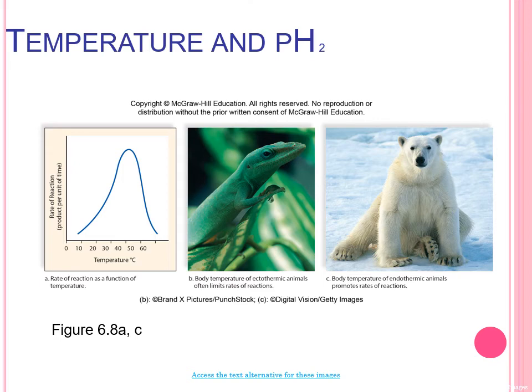They have limited rates of chemical reactions when their body temperatures are either above or below their optimal rate. Body temperatures of endothermic animals are a little bit more forgiving because of the way their internal system is maintained.